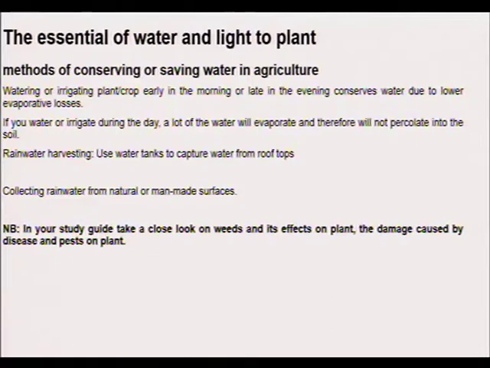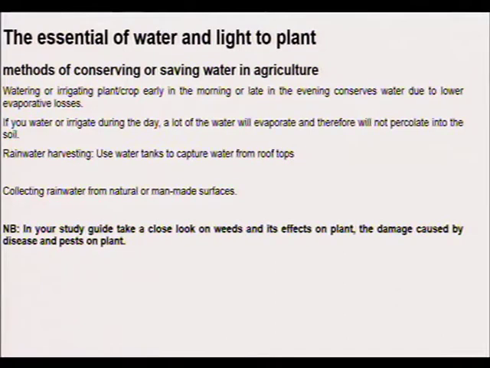This conserves water due to lower evaporative losses, because if you do it in the morning, the rate of evaporation is lower compared to when you water during the day, when the sun is hot and the evaporation rate is very high.